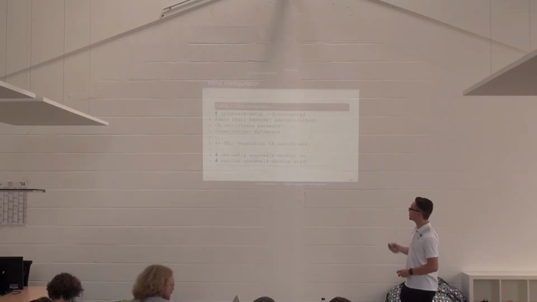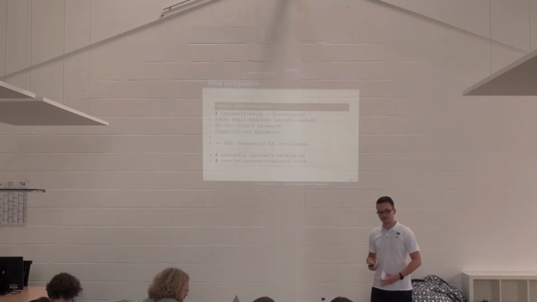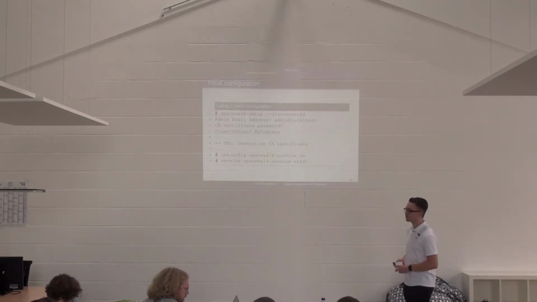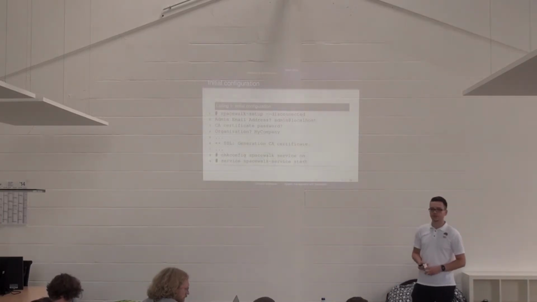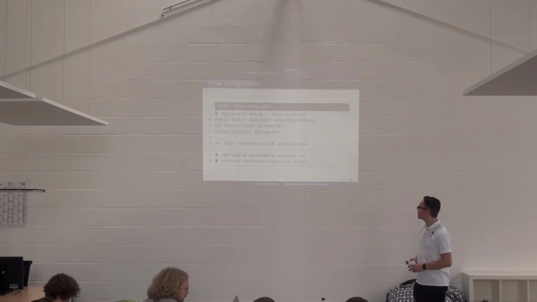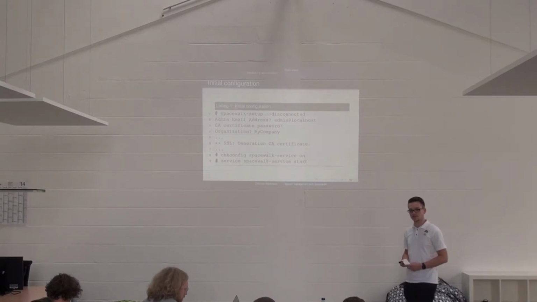As a certificate authority is created, you also need to enter an initial password. You need to enter the name of the company, where it's based, and so on. And during this wizard, Apache is configured for SSL. After the wizard, it's a good idea to make sure that the Spacewalk service is started every time the system is booted, and you need to start the service.